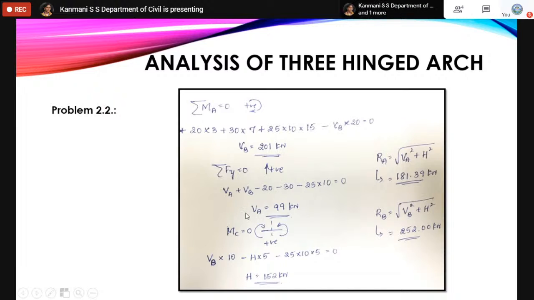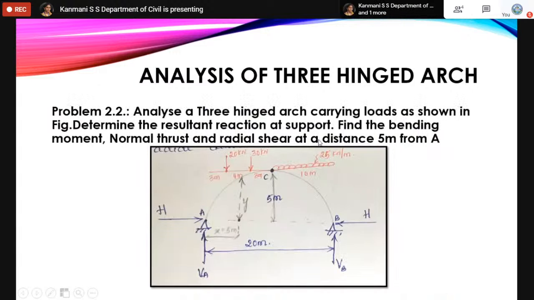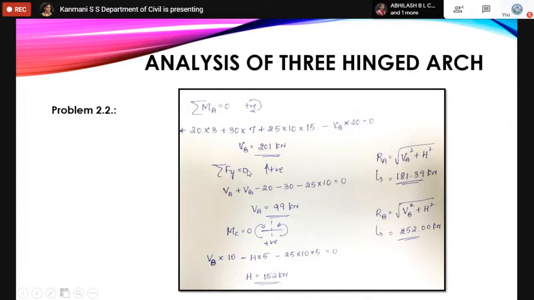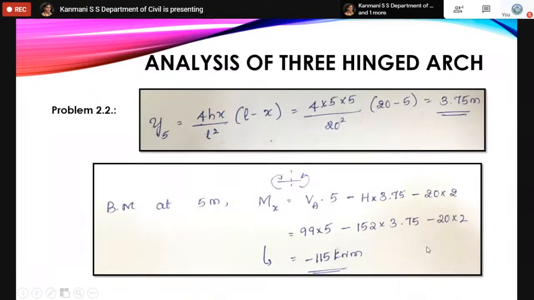We put sigma Fy equal to 0, we get VA. And applying MC equal to 0, we get H. Since in the question they asked us to find the reaction at the support, we have to find the resultant reaction at each support. So that we have found here.